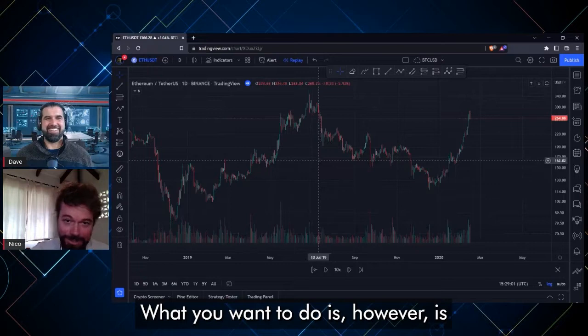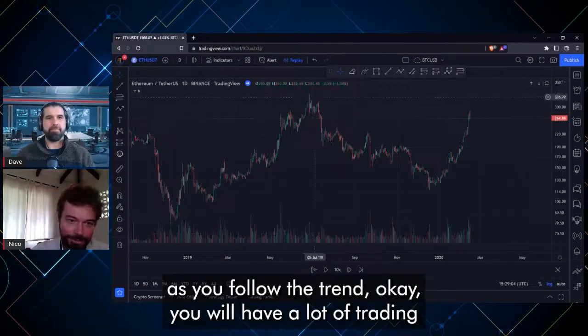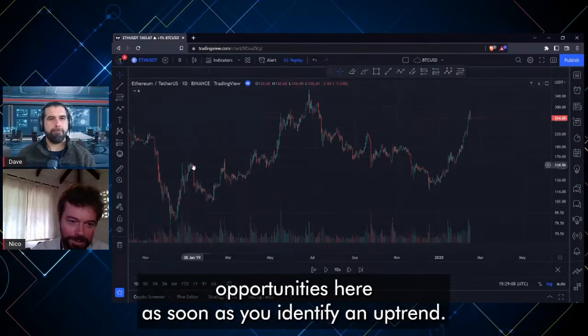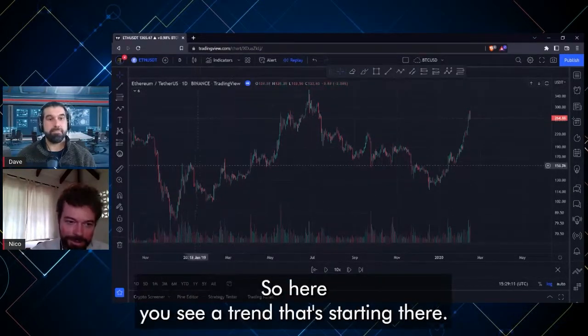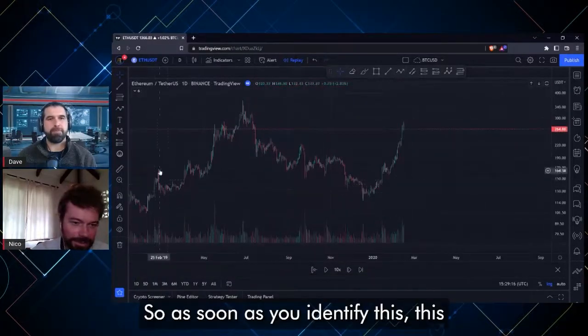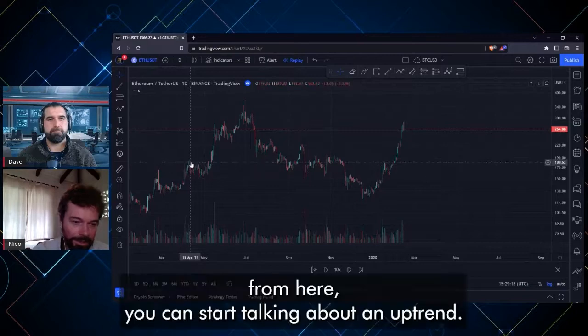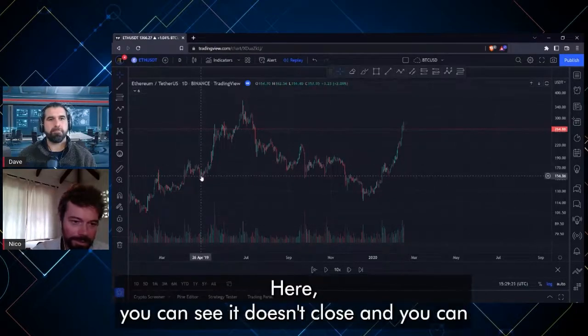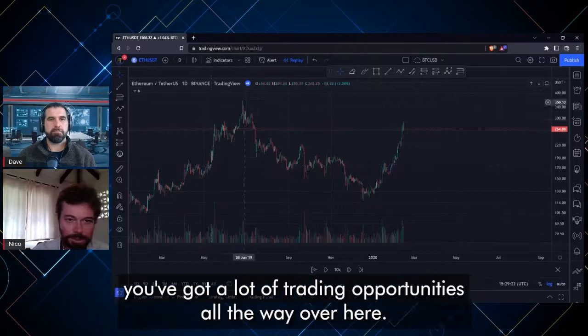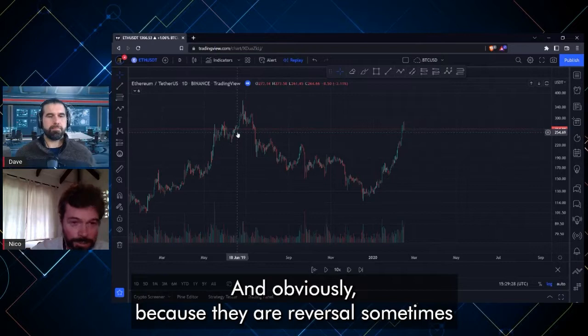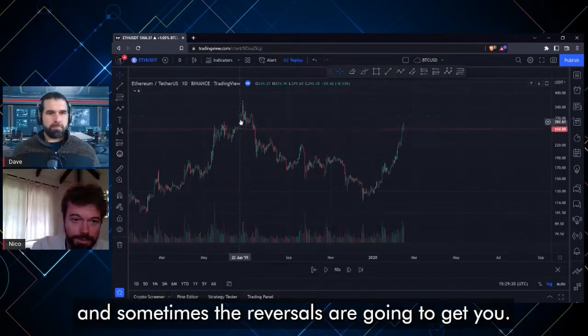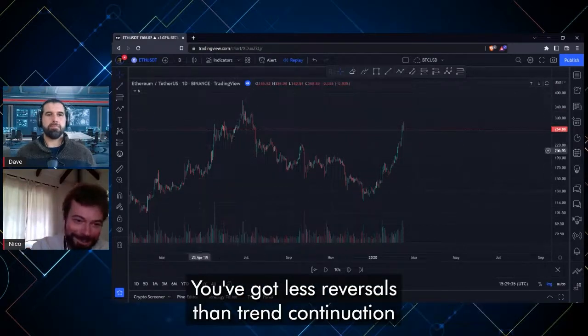What you want to do, however, is follow the trend, and you will have a lot of trading opportunities. As soon as you identify an uptrend, so here you see an uptrend that's starting there, from here you can start talking about an uptrend. Here you can see that it doesn't close, and you've got a lot of trading opportunities all the way up. Obviously, there are reversals sometimes, and sometimes reversals are gonna get you, but you've got fewer reversals than trend continuation.